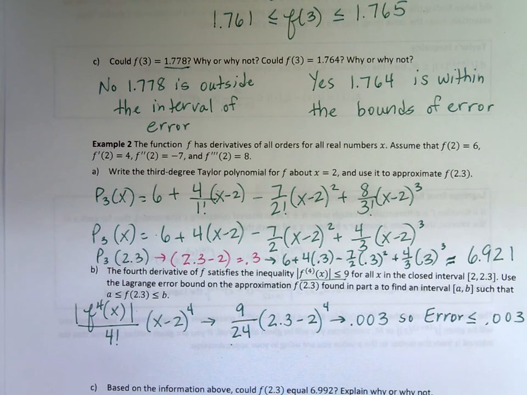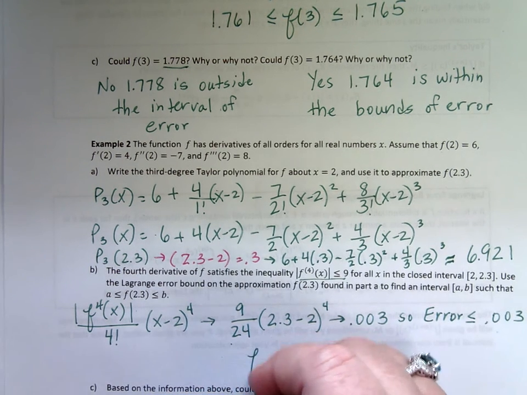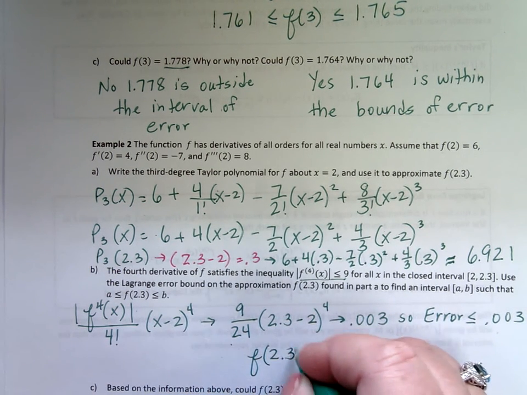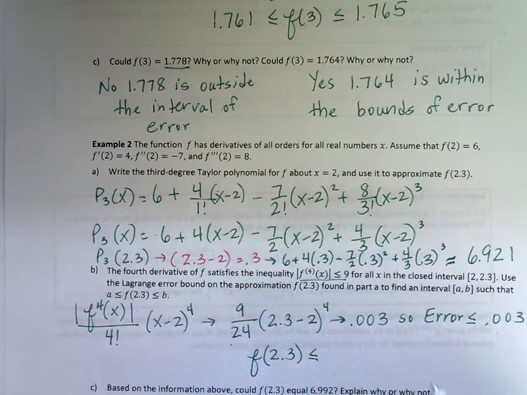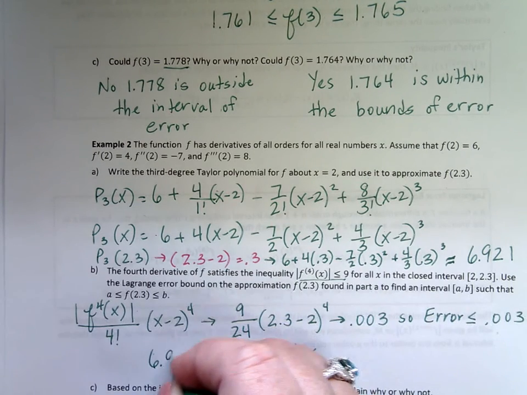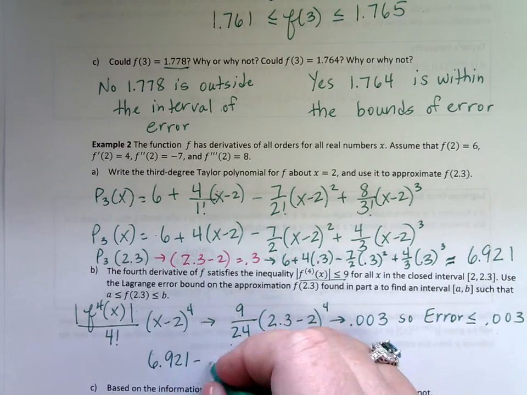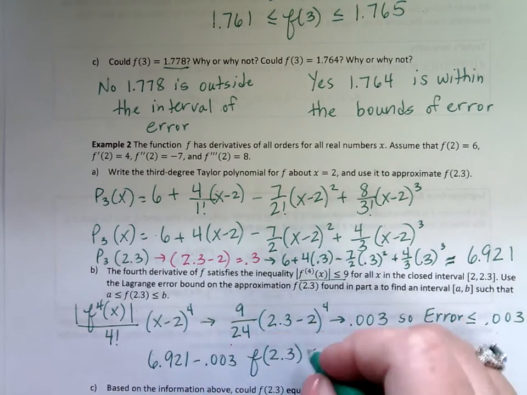Well, we said that the answer was 6.921. So I can go 0.003 to the left and 0.003 to the right, and that's going to be my interval for where this value for f of 2.3 actually exists. So on the left I'm doing 6.921 minus 0.003, a little less than that.